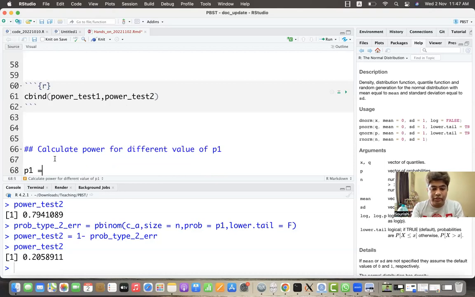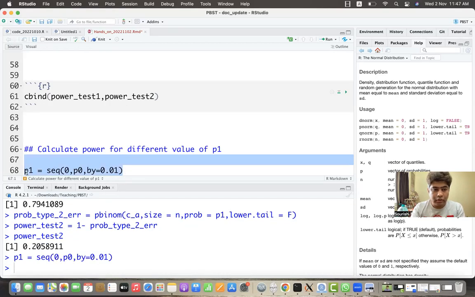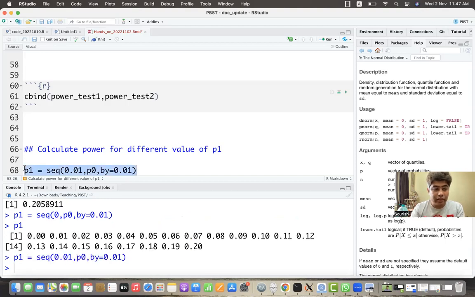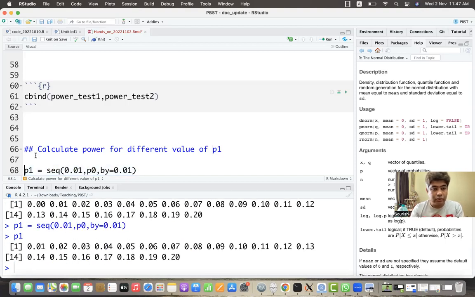So P1 is a sequence of numbers between 0 and P0, by 0.1 or 0.01, not 0.1. So maybe I can just check 0.01. That will actually throw an error. Yeah.